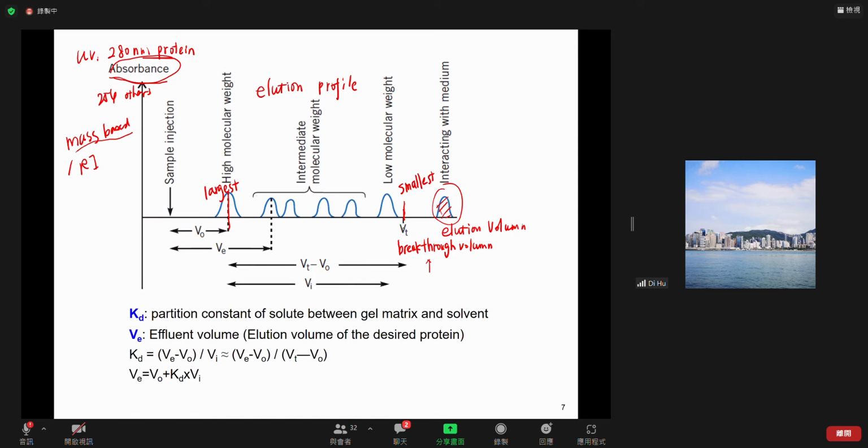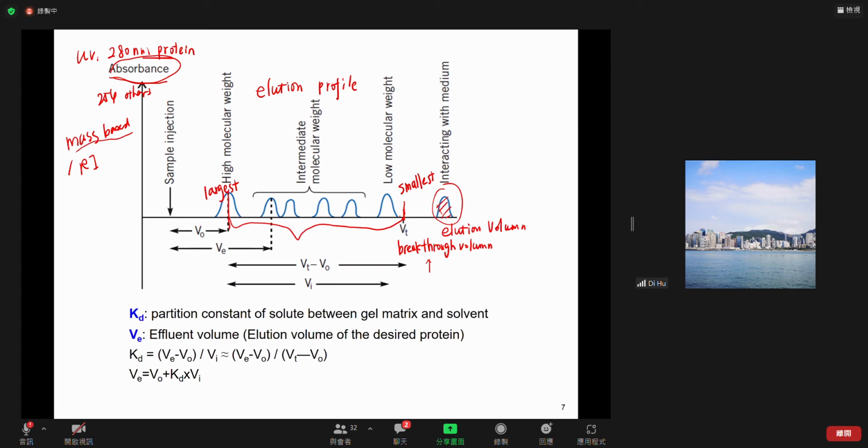Theoretically, in the ideal case, everything comes out within VT. That indicates the end. You can see V0 is the start, the exclusion, and VT is the end. So the separation only happens between V0 and VT.